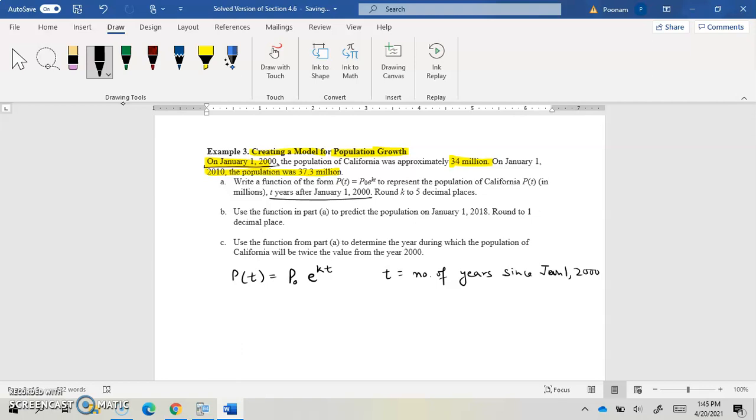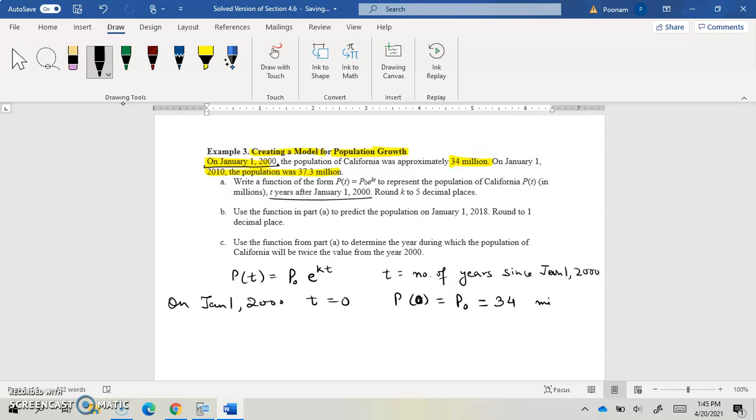On January 1st, 2000, t would be 0. So the population will become P naught. So P naught is the initial population at time t equal to 0. The initial population in year 2000 is given to be 34 million. So this answer is in millions. You don't have to write it with zeros.